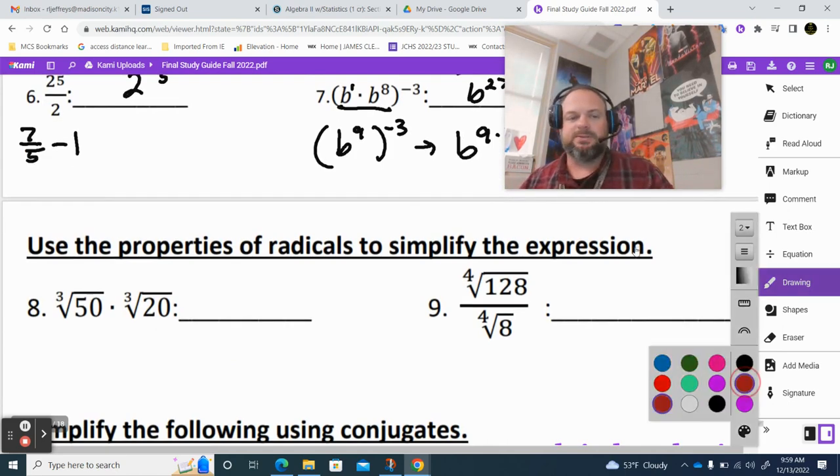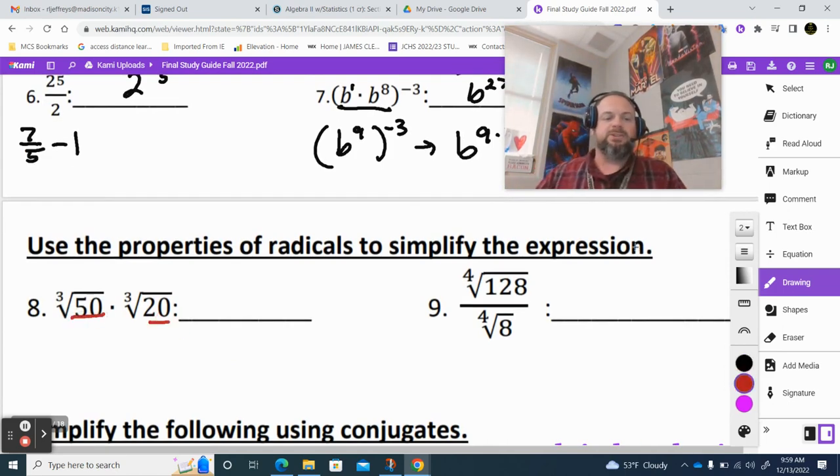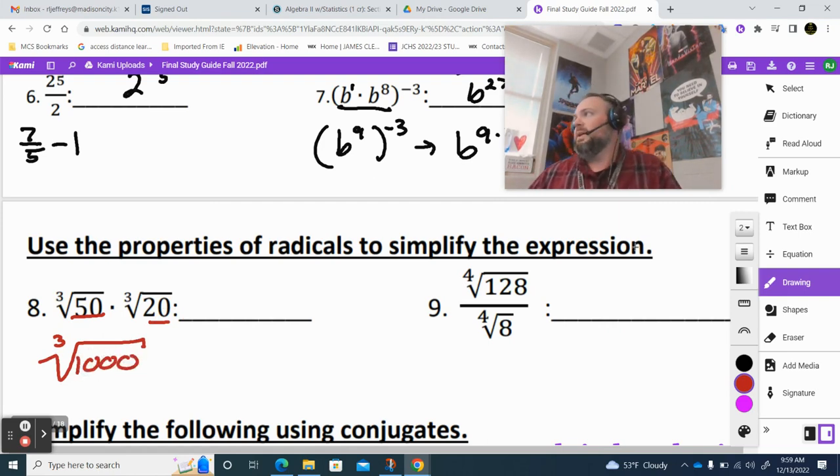So, properties of radicals. We can actually multiply this together. 50 times 20 becomes 1,000. We can take the cube root of 1,000, which is 10. This becomes 128 divided by 8, which is 16.